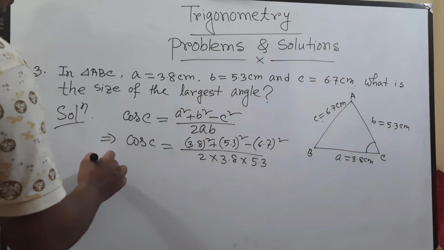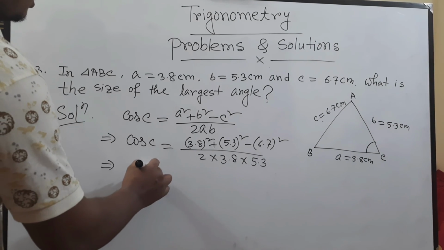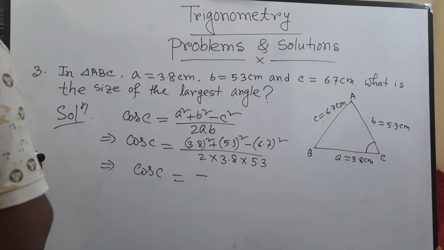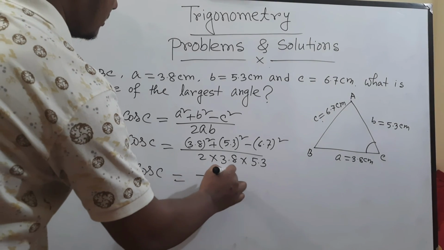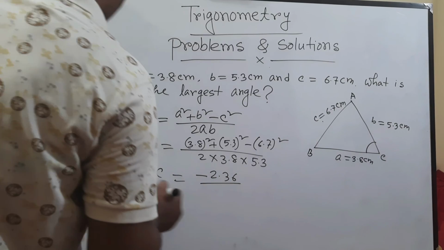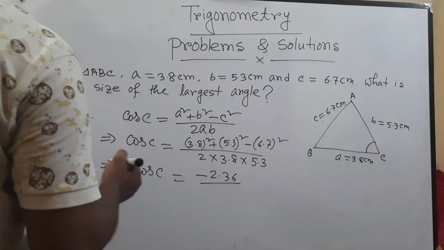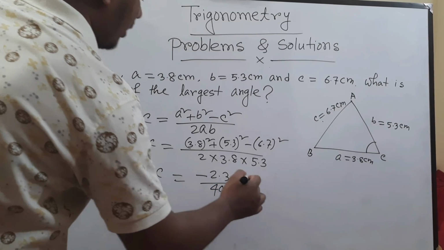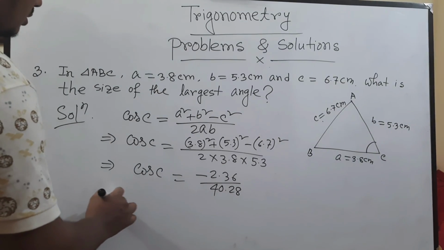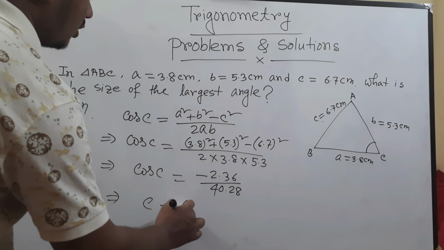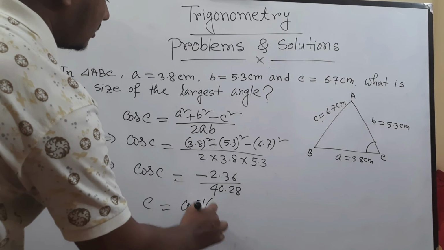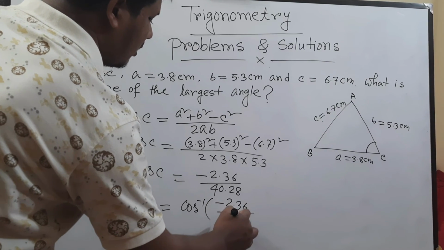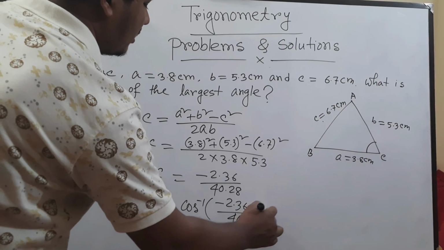So here if we do the calculation, that will be cos C equal, the numerator will be negative 2.36 and the denominator will be 40.28. Okay, now the angle C will be cos inverse negative 2.36 over 40.28.